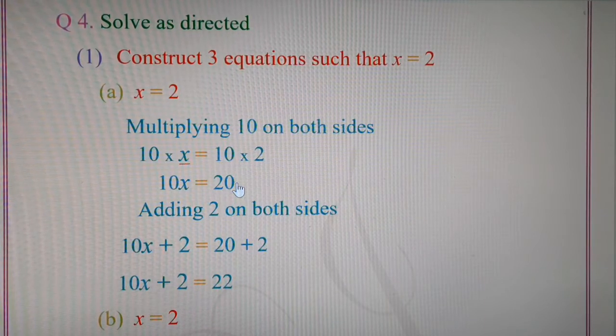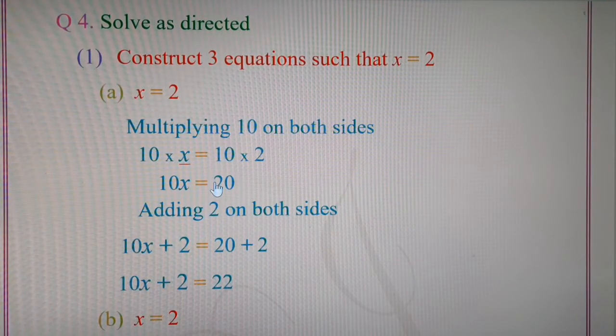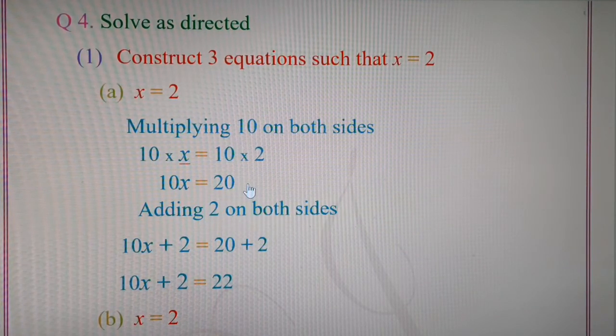Now we can leave this as an equation or we can use another mathematical function such as addition. So now we will add 2 on both the sides. We have to remember children, whatever mathematical function we use on the left hand side, we also have to apply the same on the right hand side.